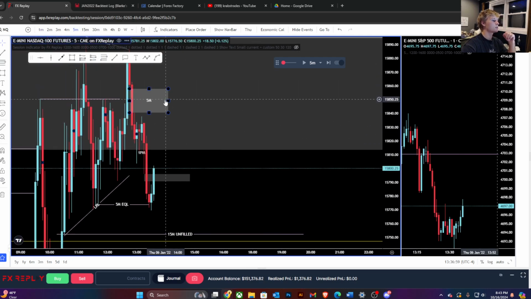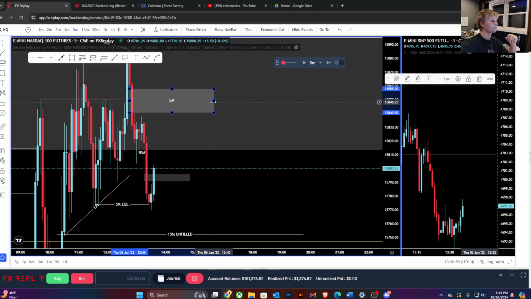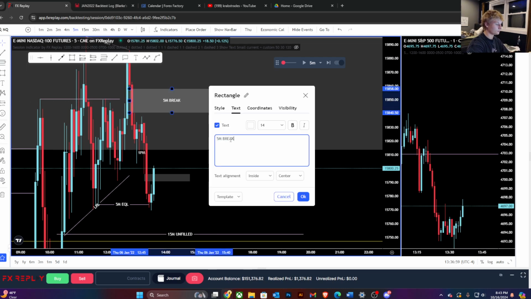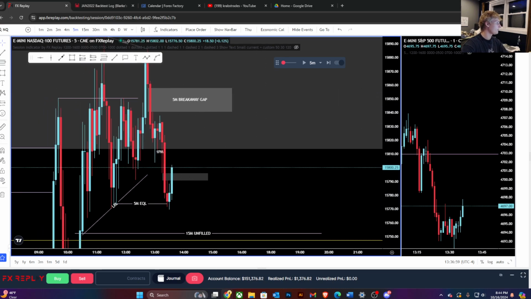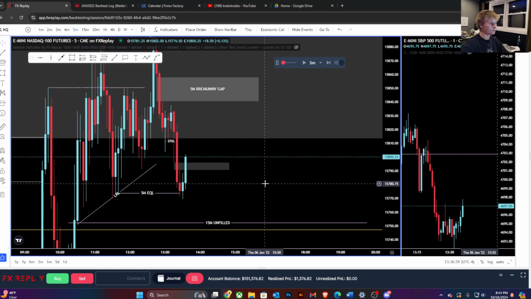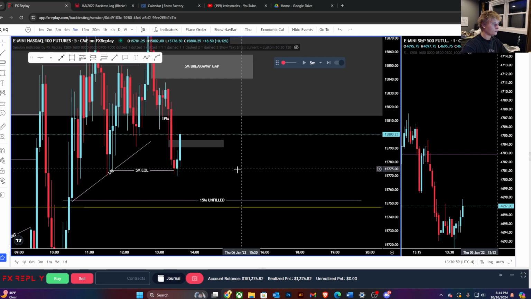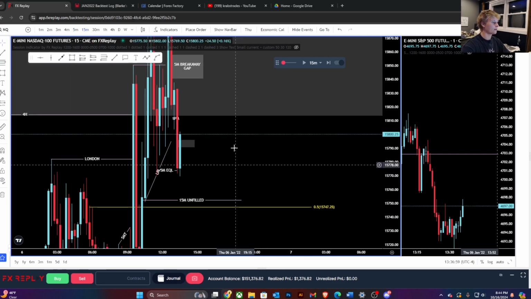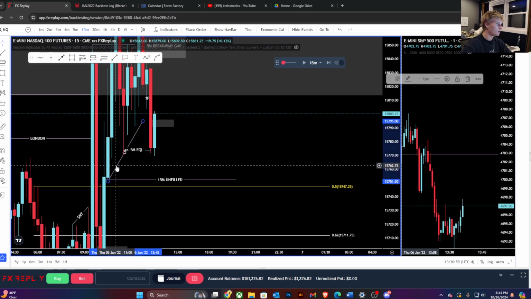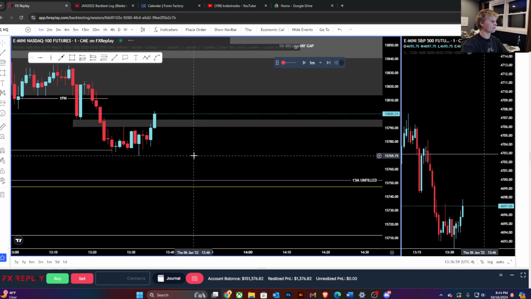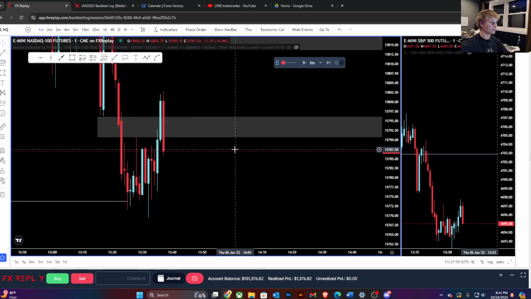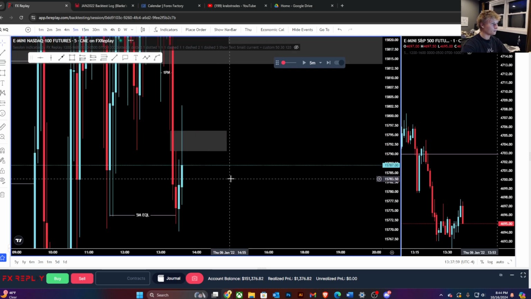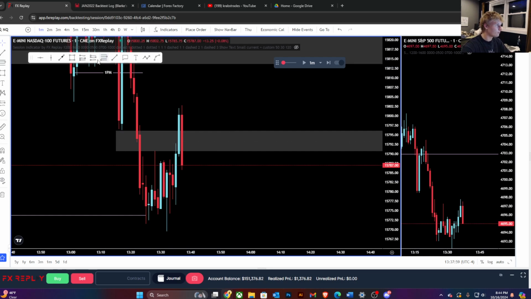I'm expecting this 5 minute to be like a breakaway gap, meaning I don't really want to see price trade back to there. But yeah, I do want to see us rebalance right now towards this unfilled 15 minute. It's also like a PDI model. But yeah, this looks super good.